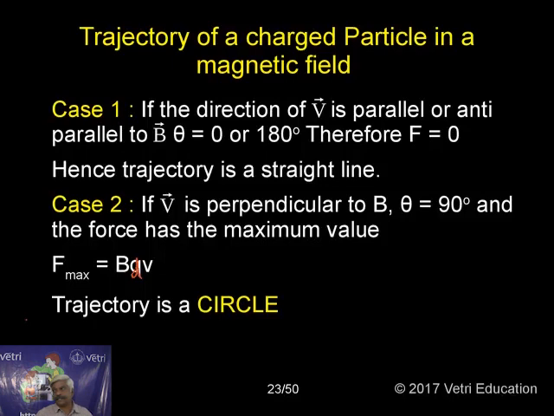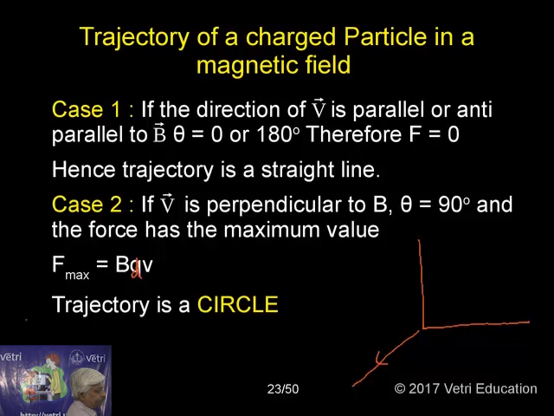What is called trajectory? Trajectory means the path followed by the particle. Various paths may be attained, because we have just seen that the force F is equal to BQV sin theta. Case 1: if the direction of velocity is parallel or anti-parallel to B. In the previous case, just go through the diagram.